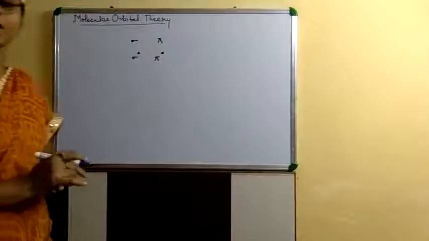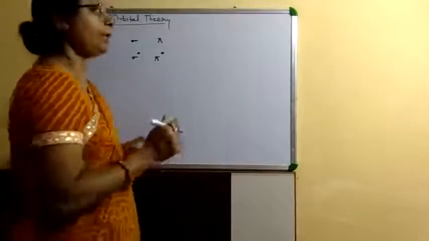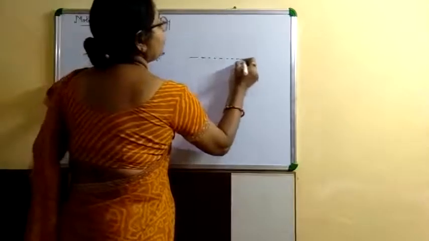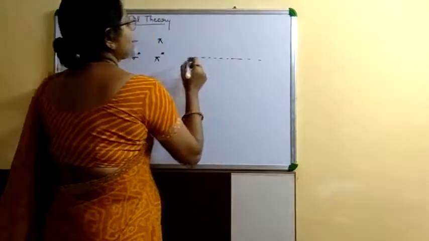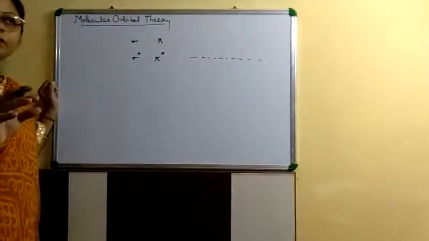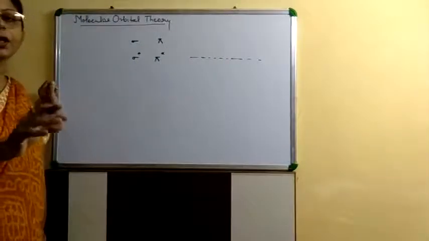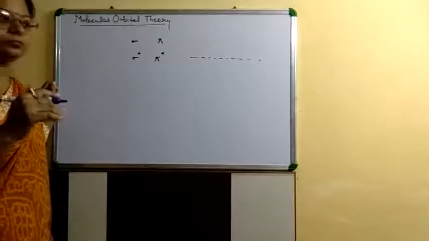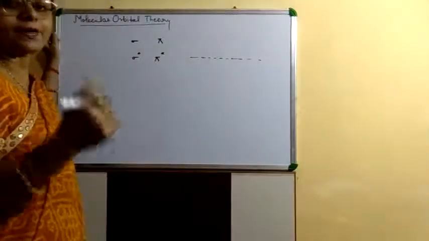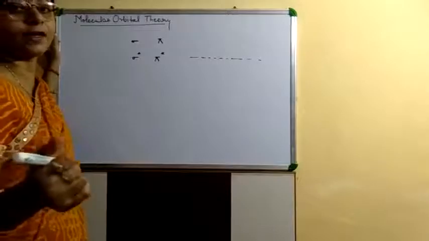When sigma bonds are formed, the overlapping takes place axially. P orbitals are directional in nature, oriented in the x direction, y direction or z direction.